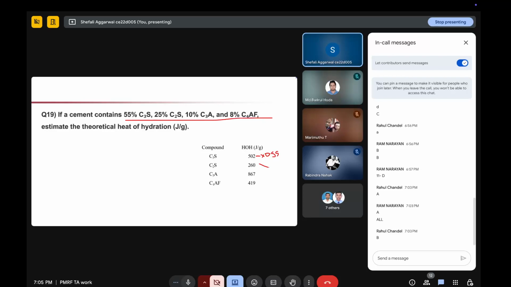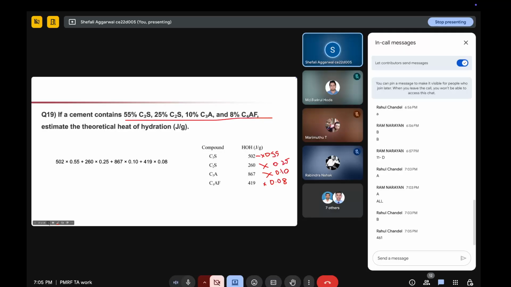Same way this multiplied by C2S is 0.25, and this multiplied by 0.10, and this multiplied by 0.08. So this is the formula which you will be using, 461.